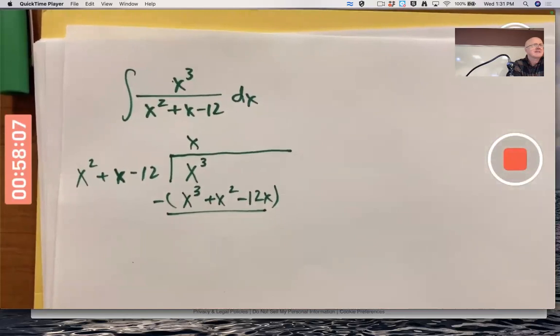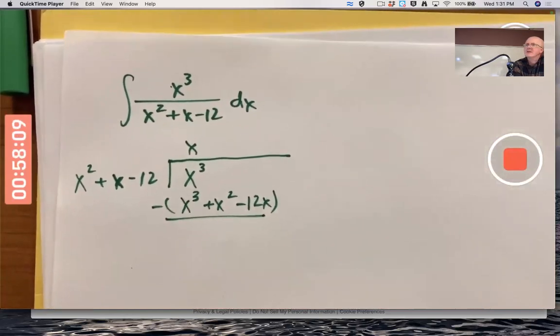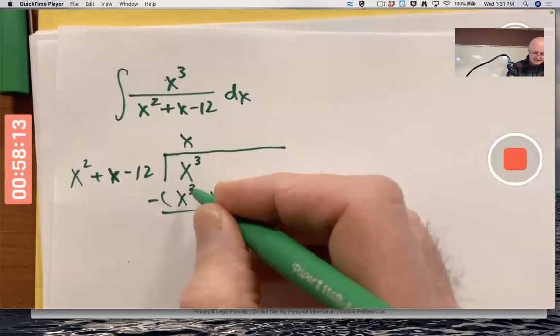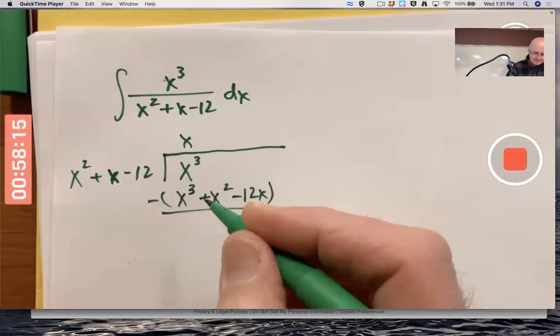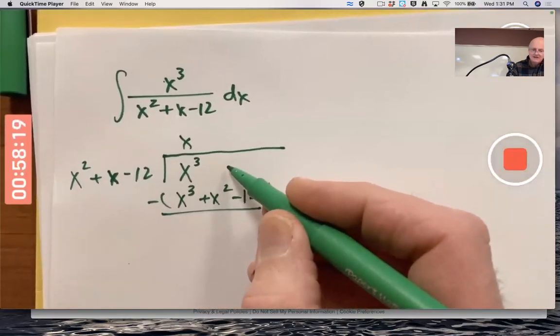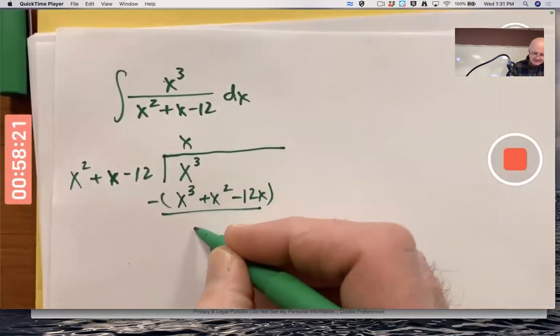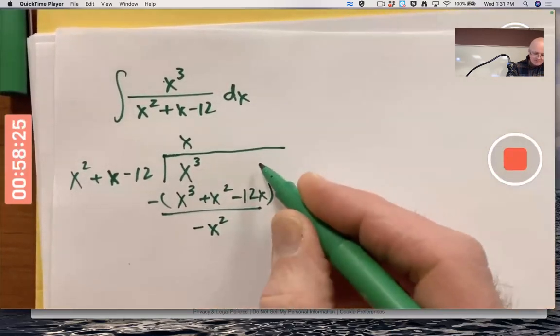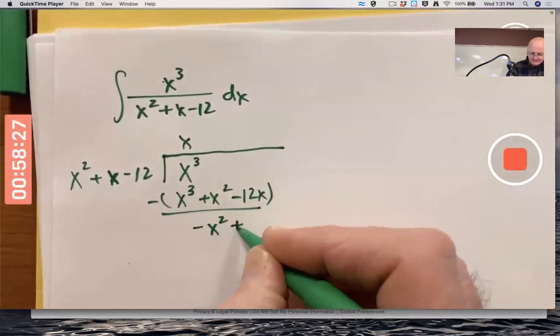There's something called synthetic division where you add, but with long division, you subtract. X cubed minus x cubed is 0. 0, which you don't see, but pretend it's there, minus x squared is negative x squared. 0 minus negative 12x is plus 12x.